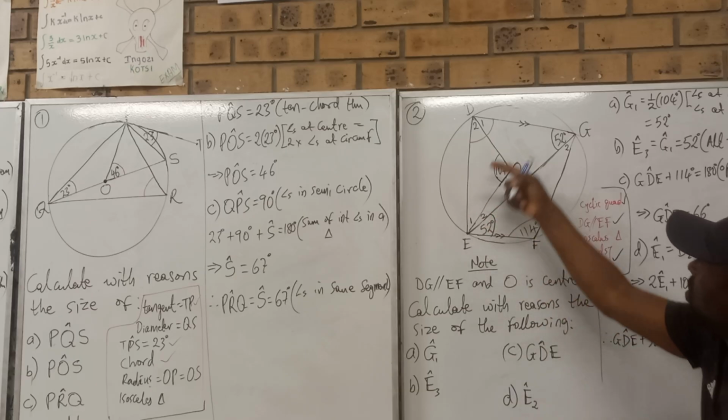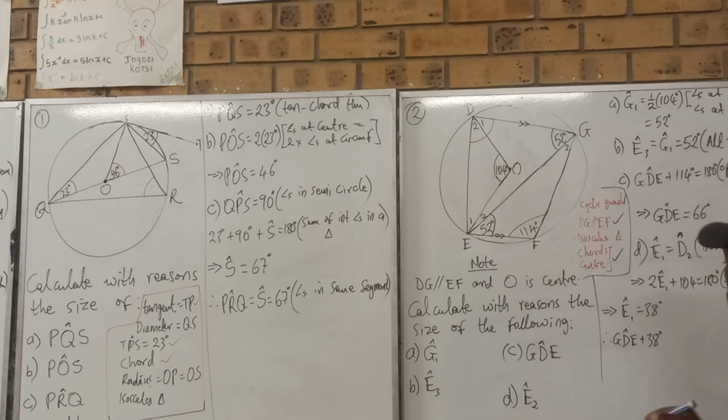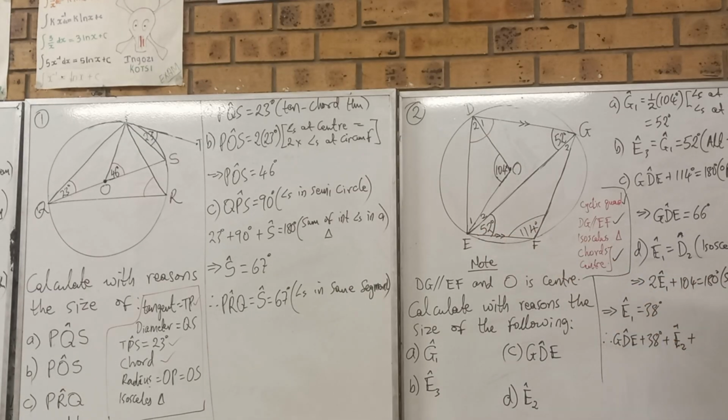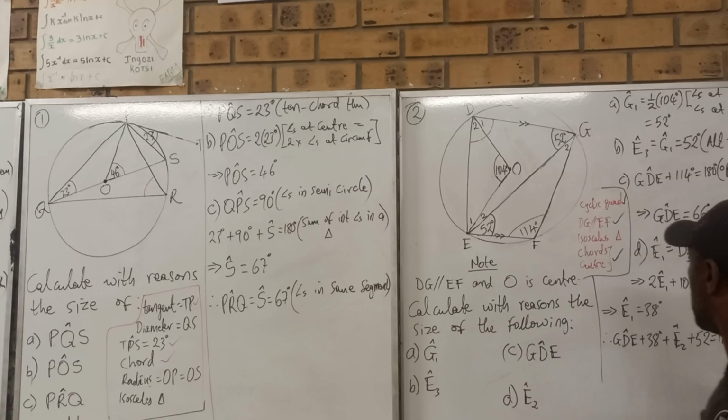That's plus E1 because I'm trying to add this angle to that one because they are co-interior, plus E2, which I'm looking for, plus 52. If I just replace E3 by 52, I might be a little bit confused. Those are co-interior angles because they are in a U since those two lines are parallel.